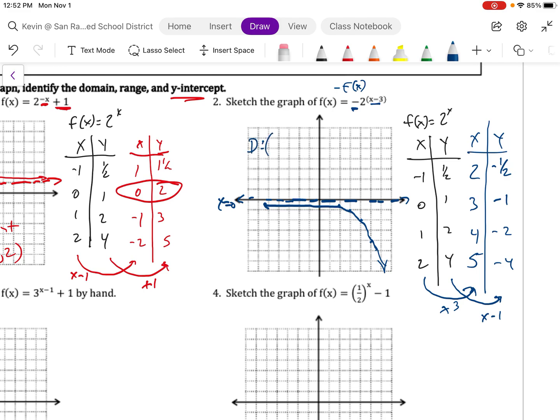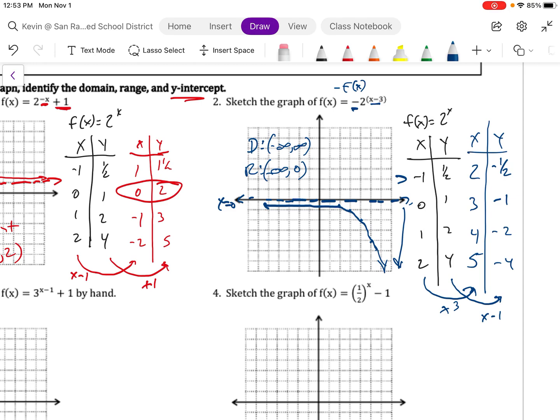Well, my domain is, again, because all my x values here and here, -infinity to infinity. My range is, let's see, my upper is at 0, and it's everything less than 0, so it's going to be -infinity to 0.